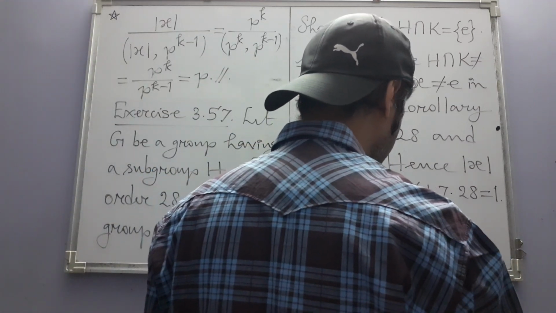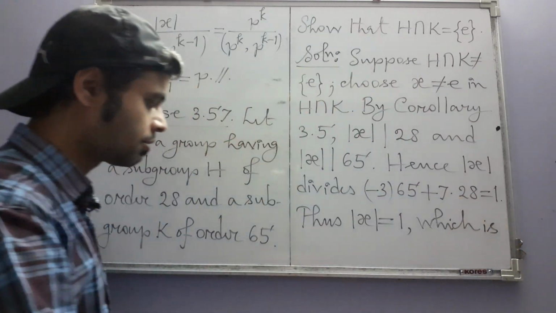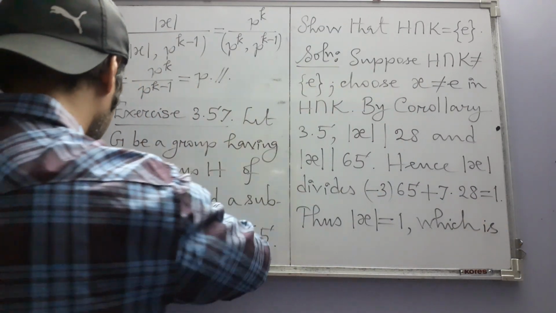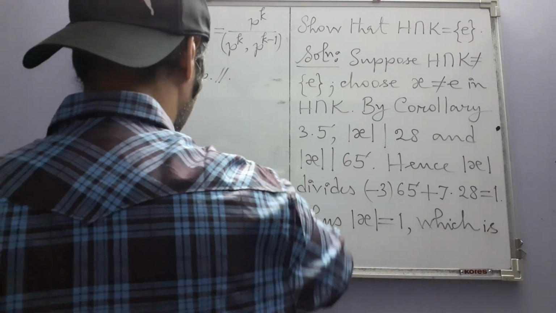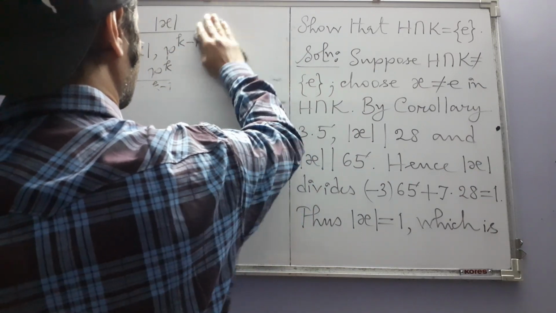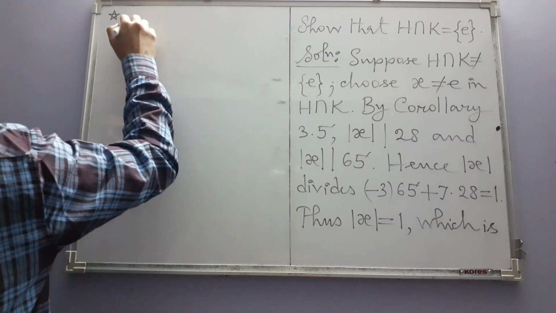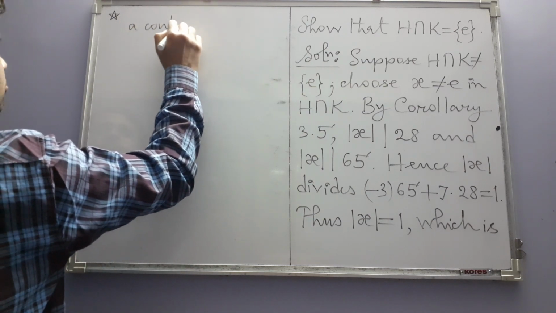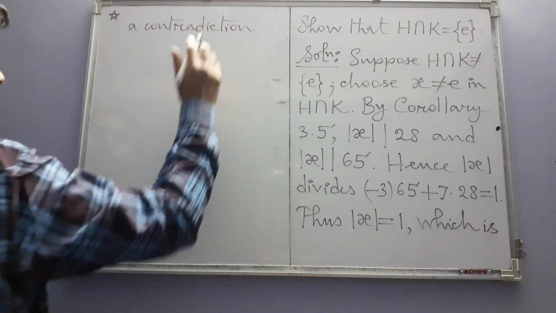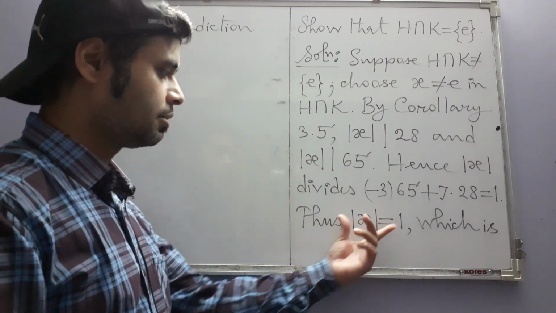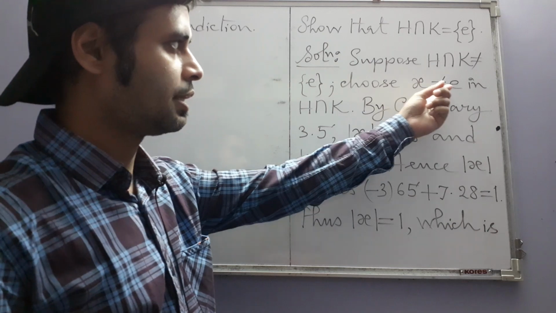Thus this is equal to 1, which is a contradiction. And what is it that this statement is contradicting? It is contradicting our choice that x is not equal to e.